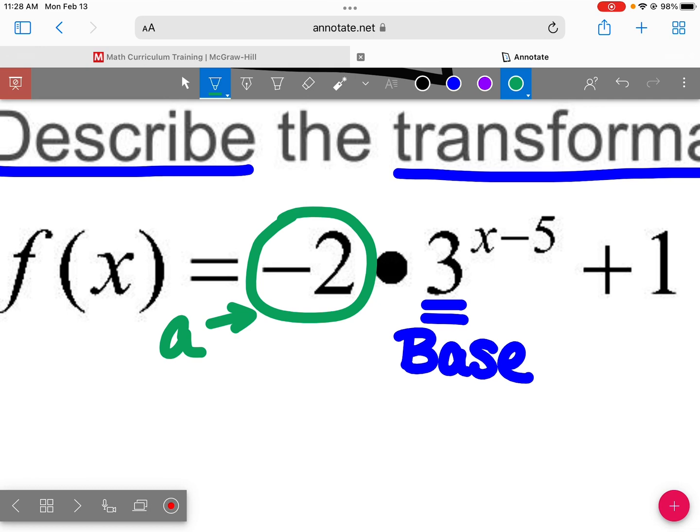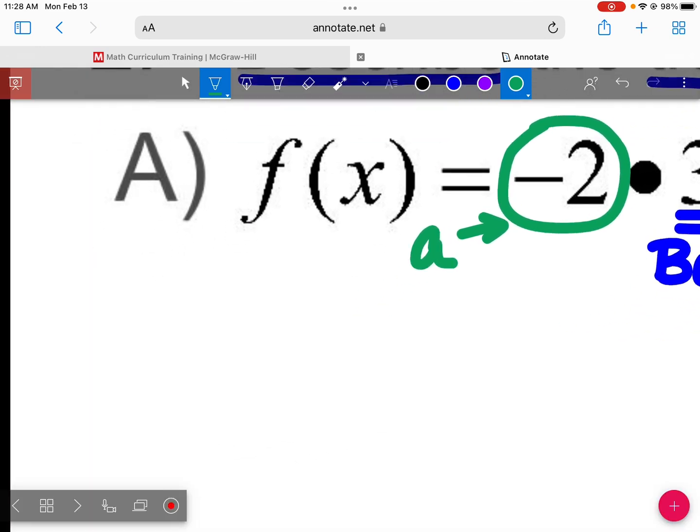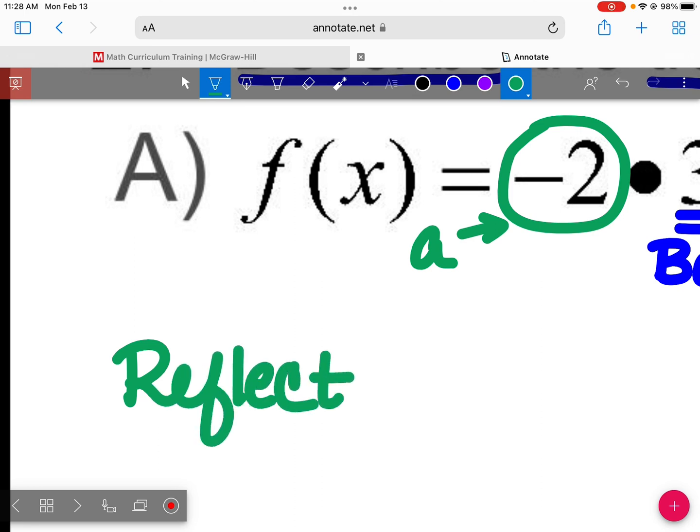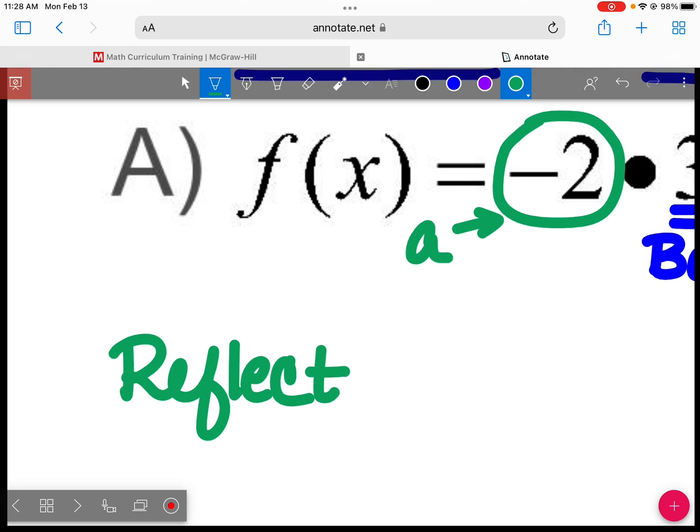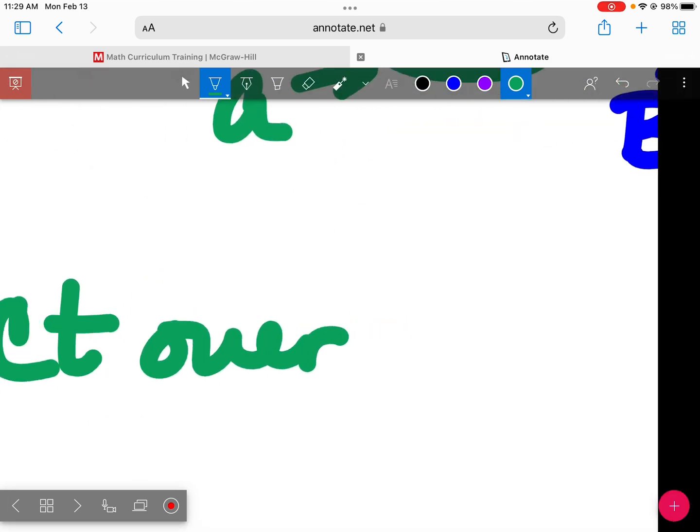This particular A value is going to do 2 different things to my graph. Why is it doing 2 and not just 1 like everything else? Because it's a negative, so it reflects. It reflects over what? The x-axis. To just write reflect will not get full points. You have to say reflect over x-axis.